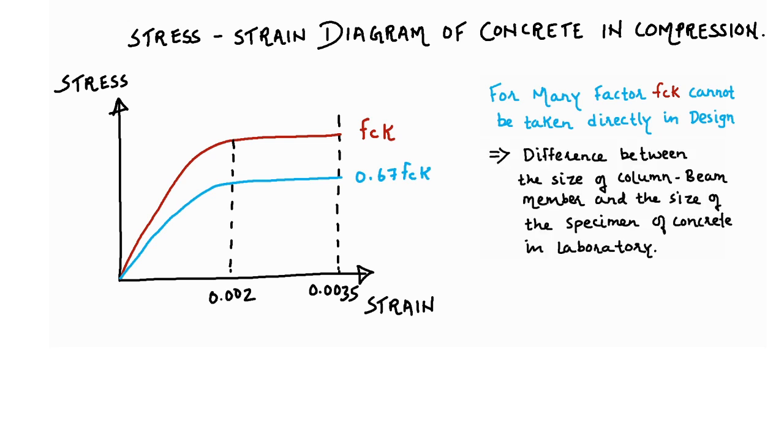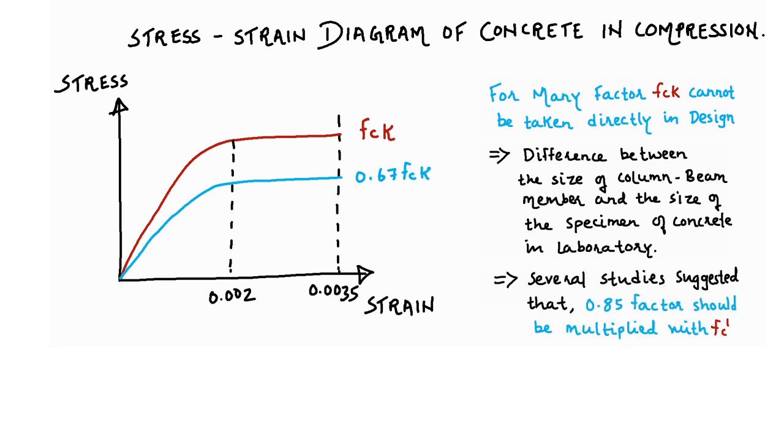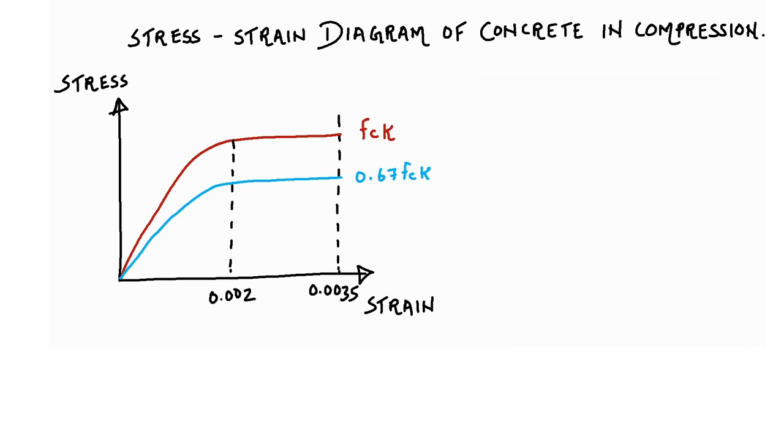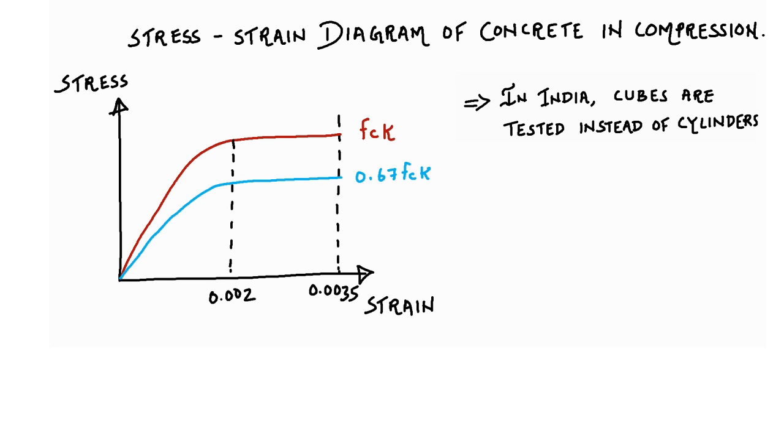Several studies have indicated that 0.85 should be multiplied with FC dash. What is FC dash? FC dash is the cylindrical strength of concrete. 0.85 is taken to consider the difference between what is cast at the site and the cylindrical specimen which is tested in the lab. Now in India the cubes are tested instead of cylinders.